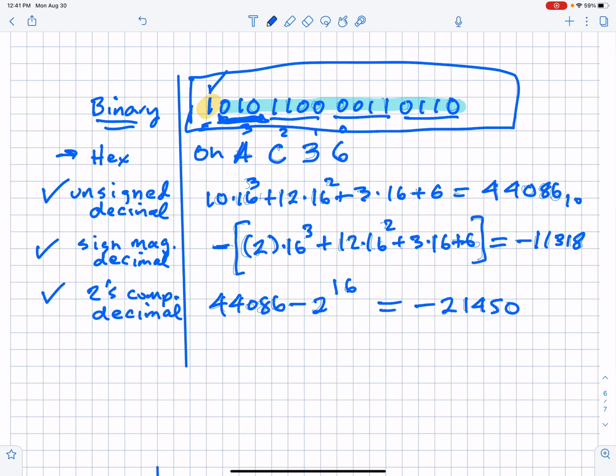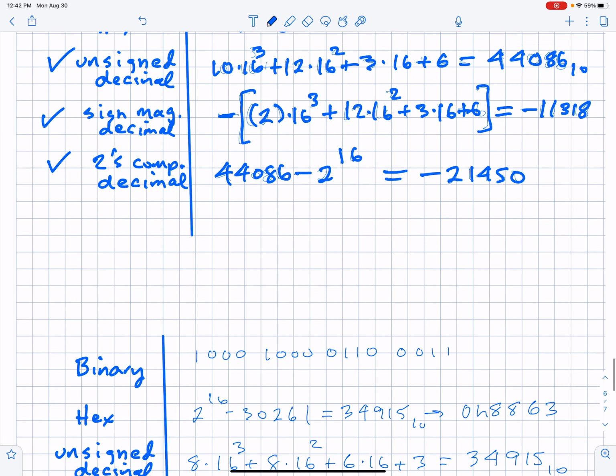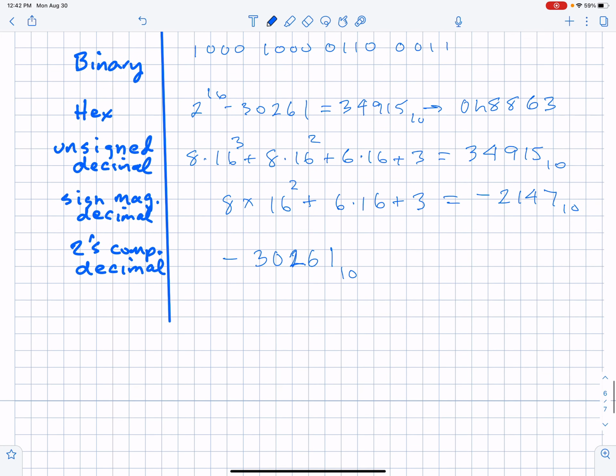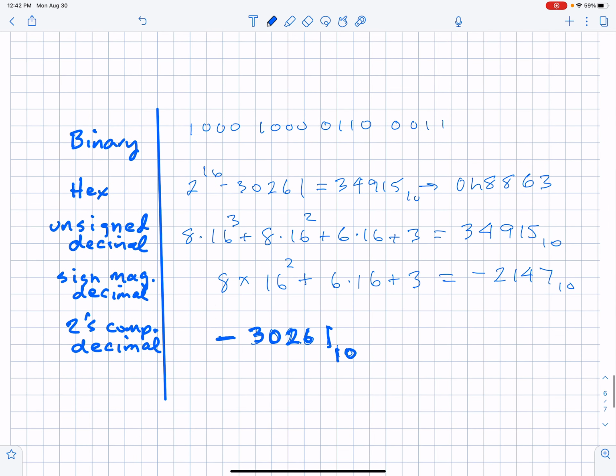Okay, so to continue this example, what I want to do next is start in a different place. Okay, let's say I started with the 2's complement. So what would be the appropriate values in the binary register, or equivalently the hex digits?